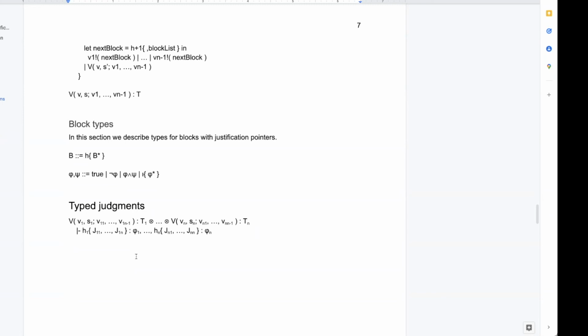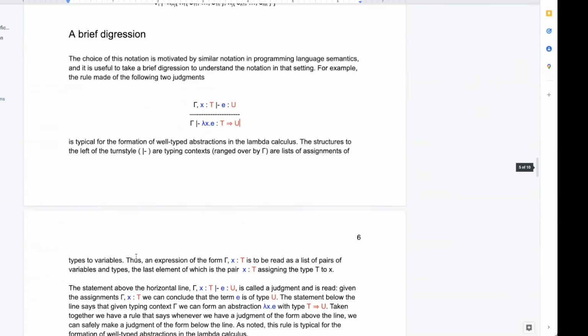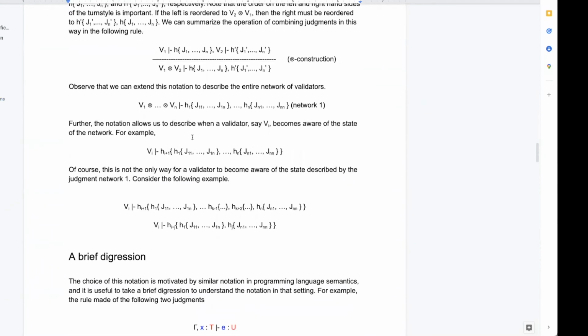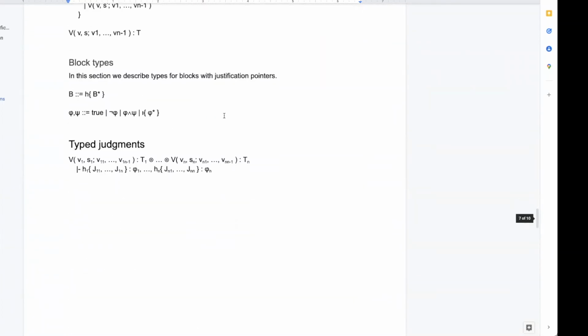We will describe a set of rules like this rule here, such that you can only build networks that have the properties.